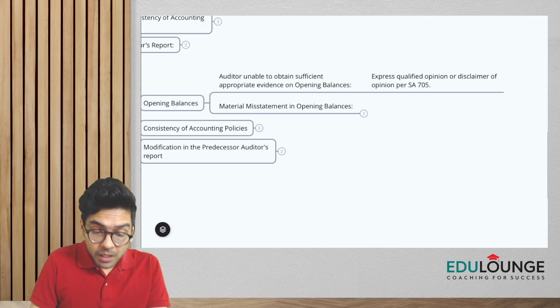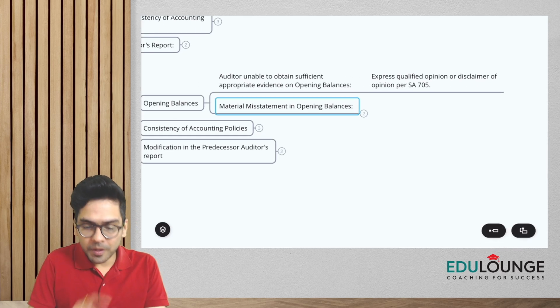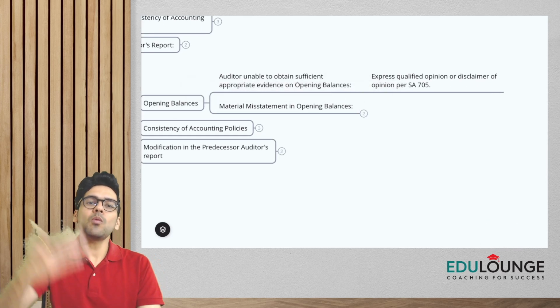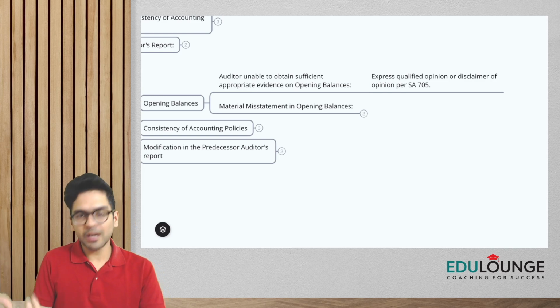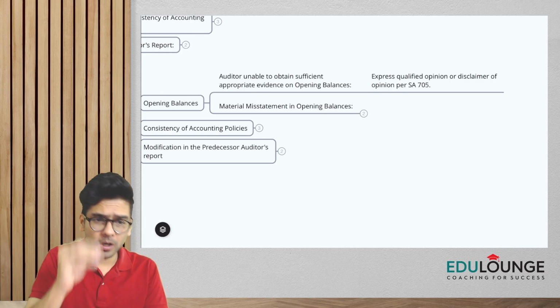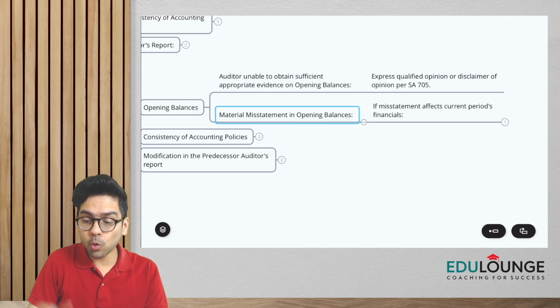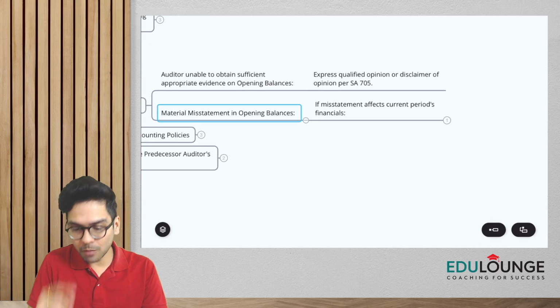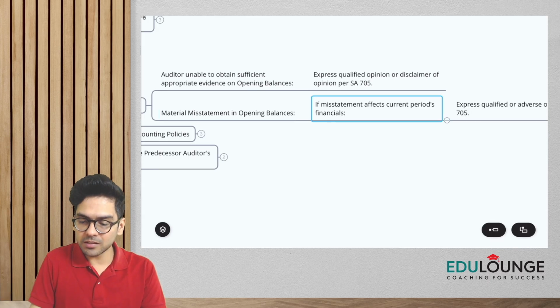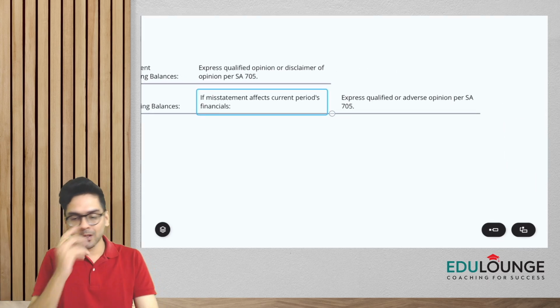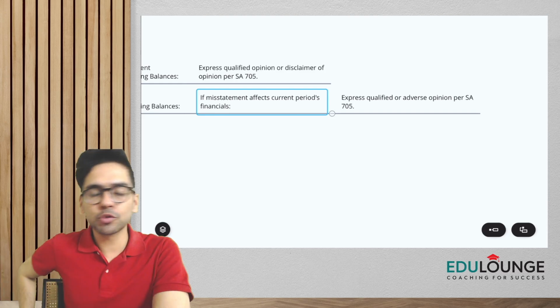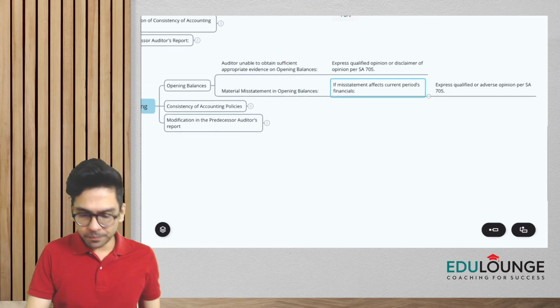But if you are certain that the opening balances contain misstatement, then what kind of opinion are you going to express? If there are misstatements, of course you are going to express a qualified opinion, but if the misstatements are pervasive in nature, you might even want to give an adverse opinion. It says if the misstatement affects the current year's financial statement, you will have to express a qualified opinion or adverse opinion as per SA 705.